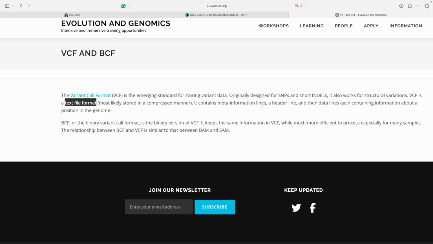It contains meta information. We will look into what meta information is stored in the file in upcoming questions. It has a header line and then data lines, each containing information about a position in the genome where the variant has been called.